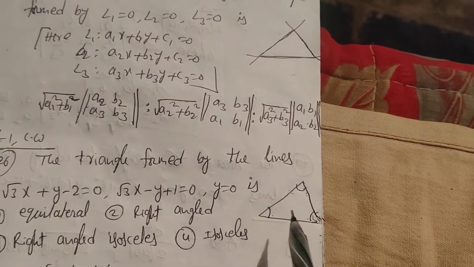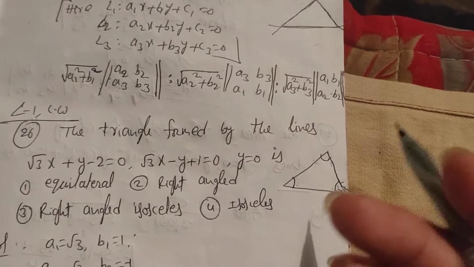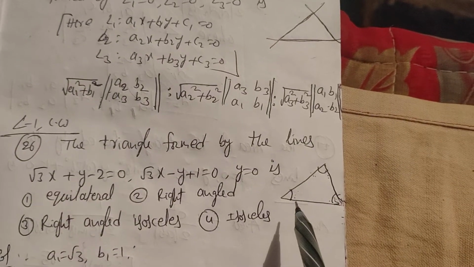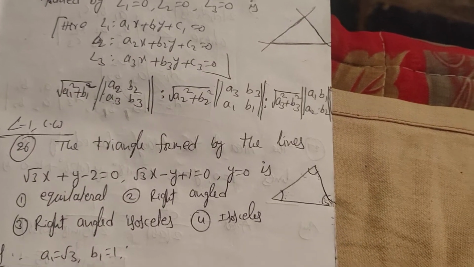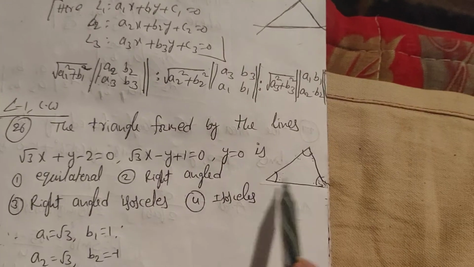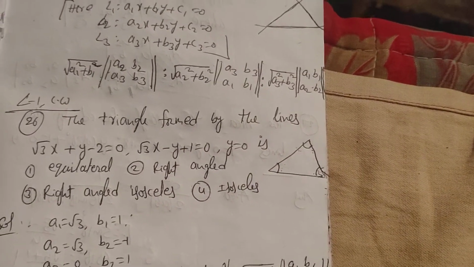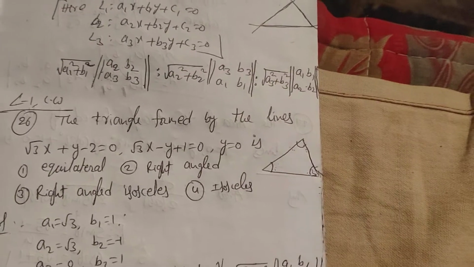If only one angle is 90 degrees and the remaining are different angles, then a right angle triangle. And if one angle is 90 degrees and the other two angles are 45 degrees, then a right angle isosceles triangle. And if two angles are equal and the third one is different, then we have an isosceles triangle.